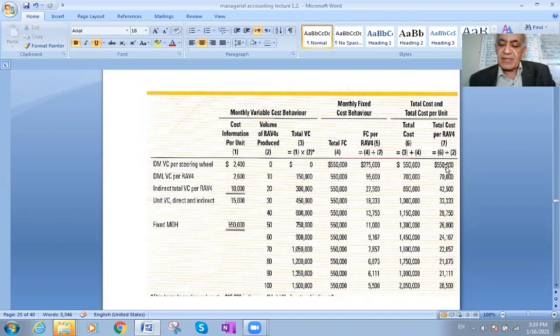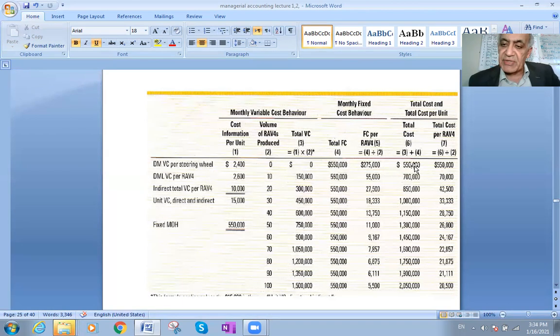Now we will divide the numbers of column number 6 by the volume of production. Notice that this column is primary and very important, because all the calculations go through the number of production. Then I get the total cost per unit.